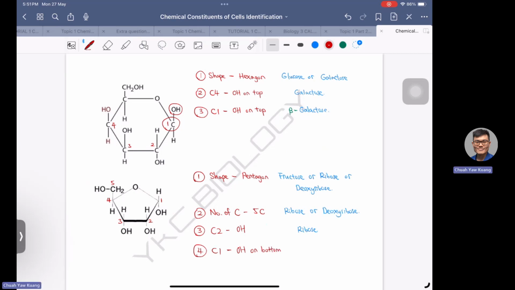Okay, so if the carbon number 1 OH is at the bottom plane, then that means that this is definitely the alpha. So it is alpha ribose. So with that, hopefully this example can help you to learn how to identify all 5 types of the monosaccharide easily.